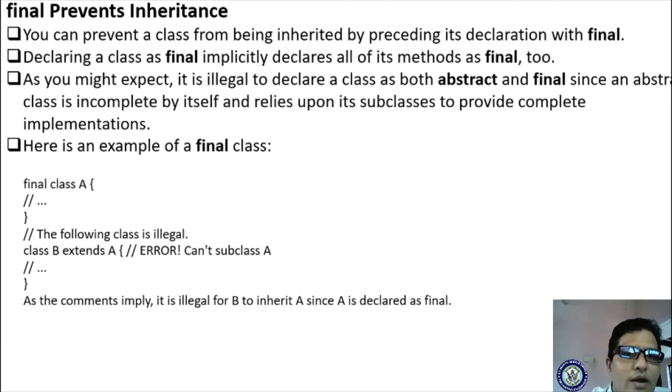Okay, and one more thing here, this question is also very important. Here another keyword exists, abstract, we will learn it shortly. That is also a very important topic, since abstract is incomplete by itself and relies upon its subclasses to provide the complete implementation.